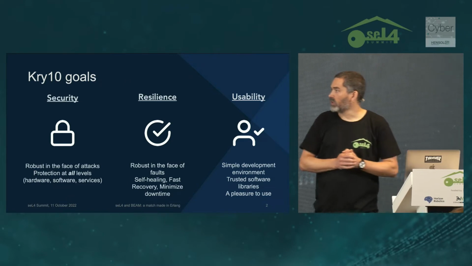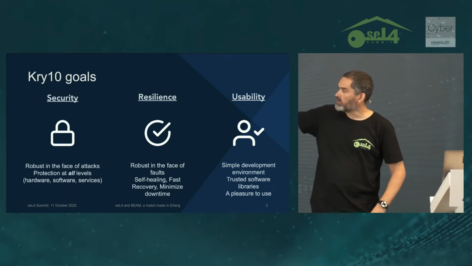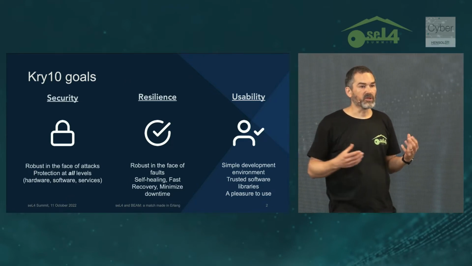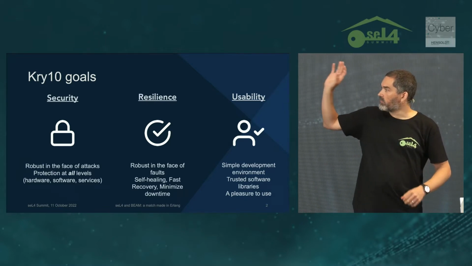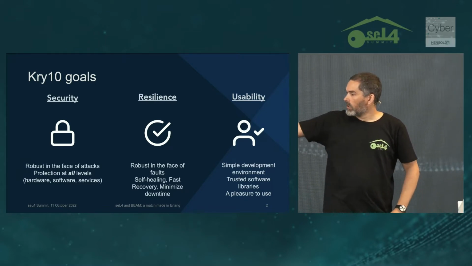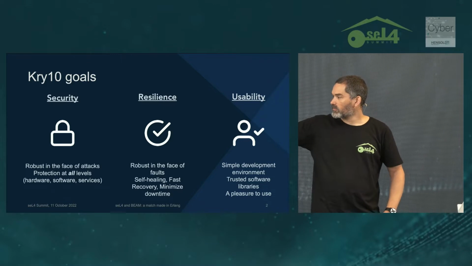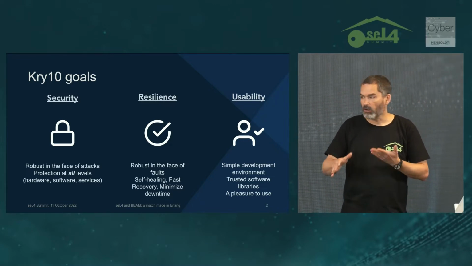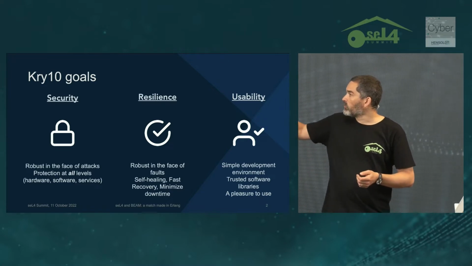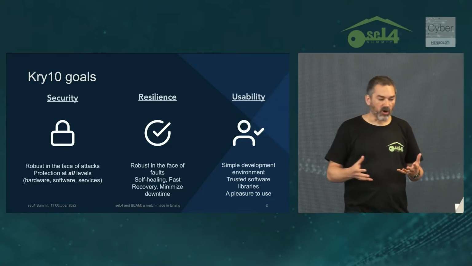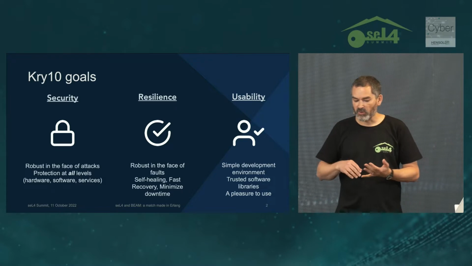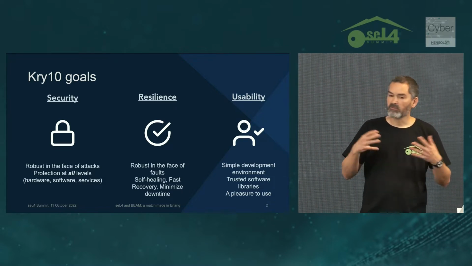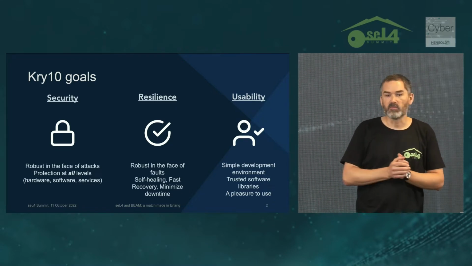So you've seen a version of this slide before. Our goals at Cry10 are to build these secure, resilient systems. So we have three key requirements: security, presented a little bit differently. We want to have robustness in the face of attacks and at all levels of the system. We want resilience, which is robustness in the face of faults. So we want things to be self-healing, fast, have recovery, minimize downtime, all these things that Boyd talked about.